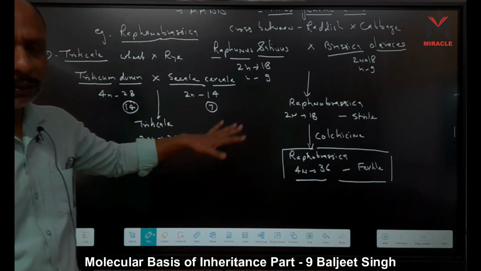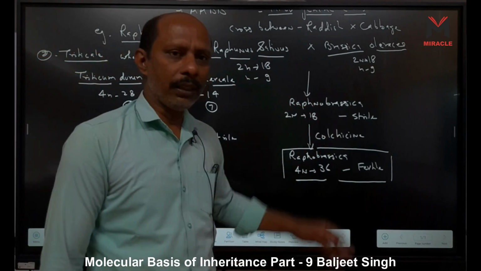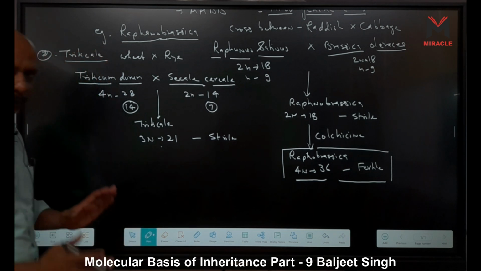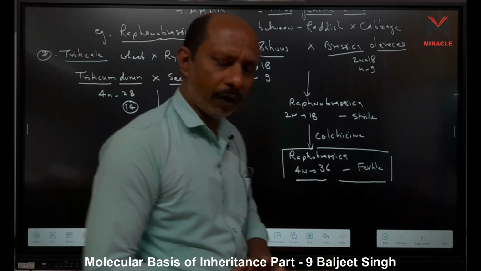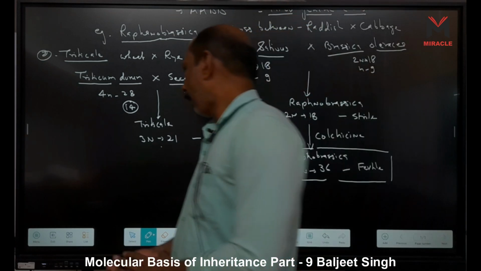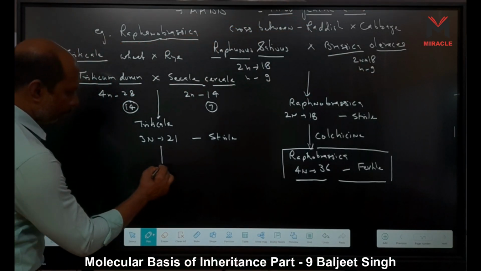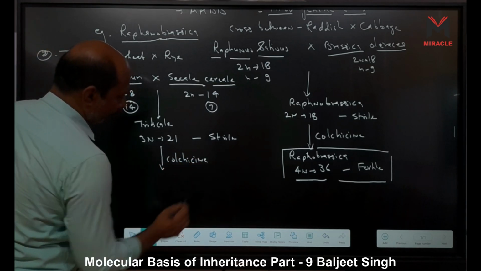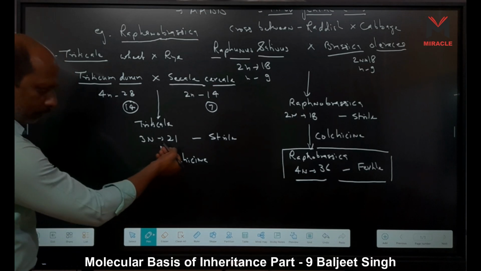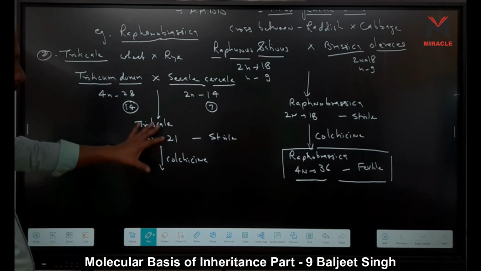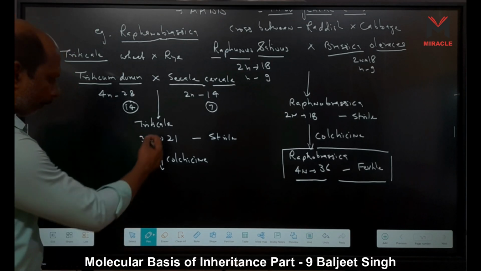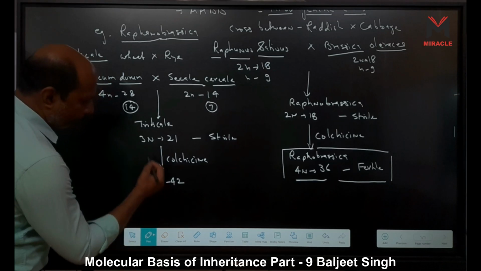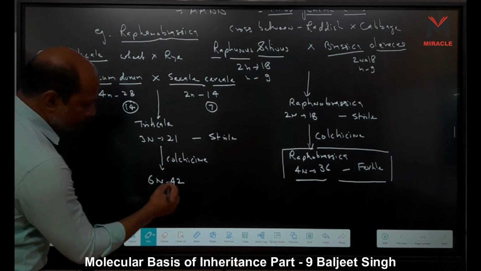First generation is always sterile when we use intergeneric crosses, right? Then to convert it from sterile to fertile, we have to use colchicine, right? And when we use colchicine, what we get? This is just doubling, because here no meiotic division is there. Then it becomes 21 plus 21, 42 chromosomes, and 42 means 6n, right?